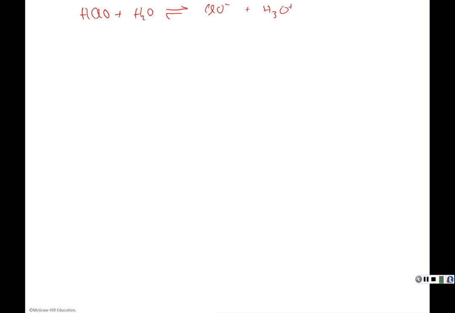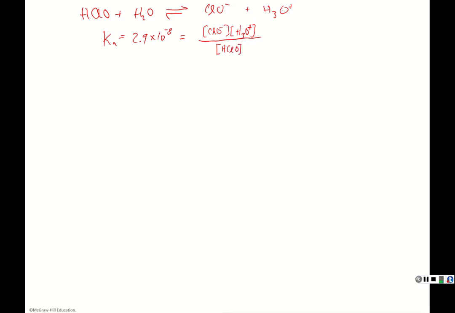And the Ka value is given at 2.9 times 10 to the minus 8. I always like to just write the Ka expression right away, even though it's the same every time. Okay, there's our Ka expression.